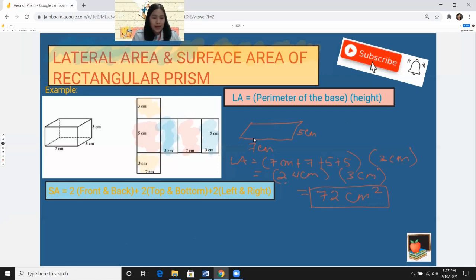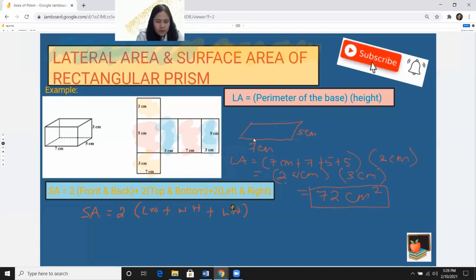Now we're going to get the surface area. For the surface area, we can also use the shortcut, which is 2 times the quantity length times width plus width times height plus length times height.